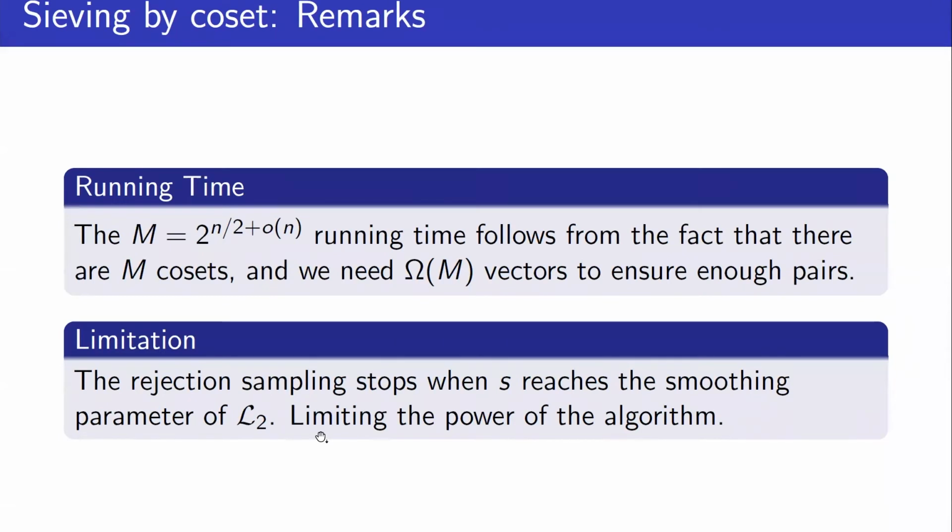So remember, we mentioned before that when S is above the smoothing parameter, the distribution is nice and looks like a continuous Gaussian, which allows us to do a lot more things, including this rejection sampling step. And once S drops below the smoothing parameter, in fact, drops below square root 2 times the smoothing parameter, that nice property is gone and we are unable to proceed with the rejection sampling. So in their algorithm, they stopped there.